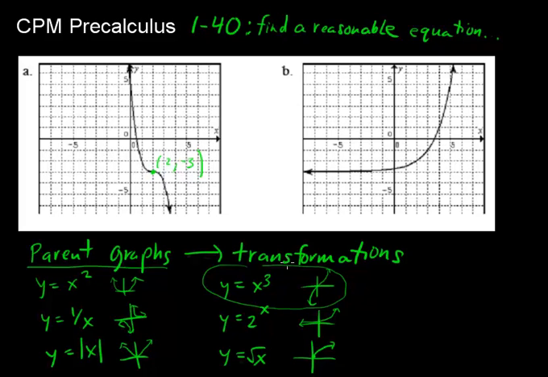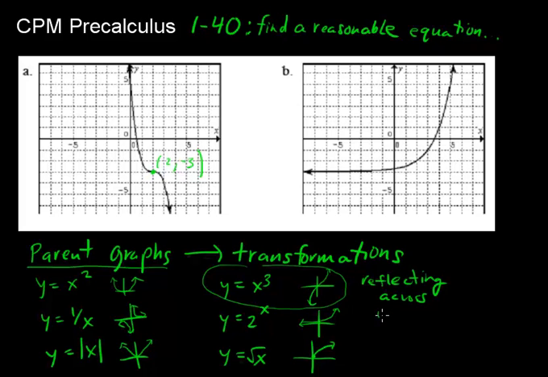Flipping, we call reflecting across the axis. It could have flipped across the x-axis or the y-axis, either one, but we know it flipped across an axis.